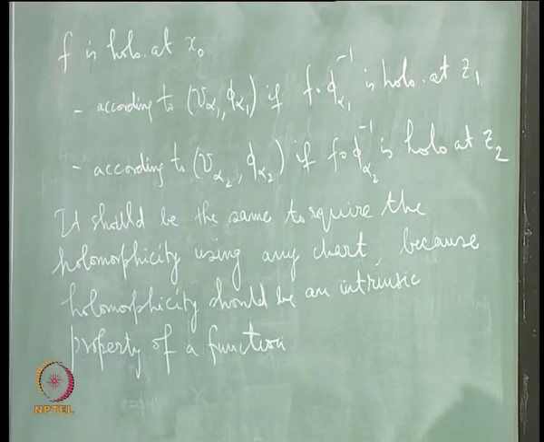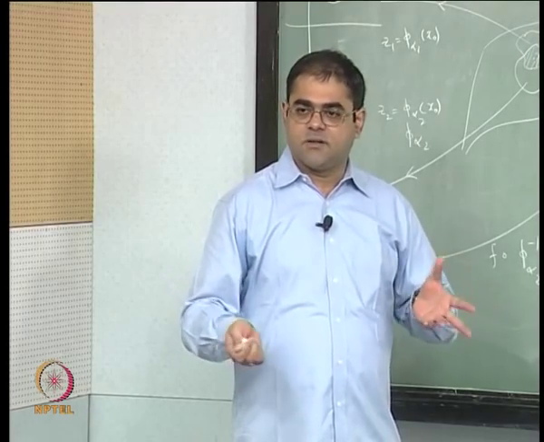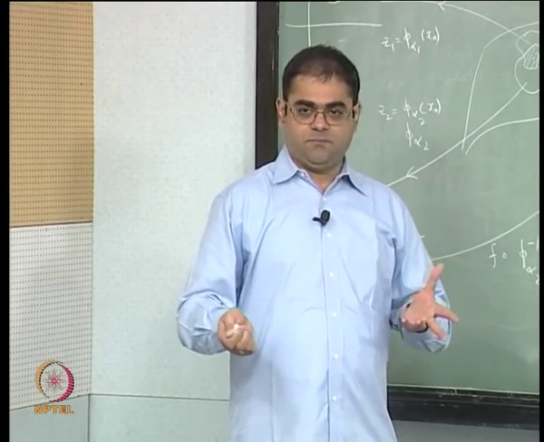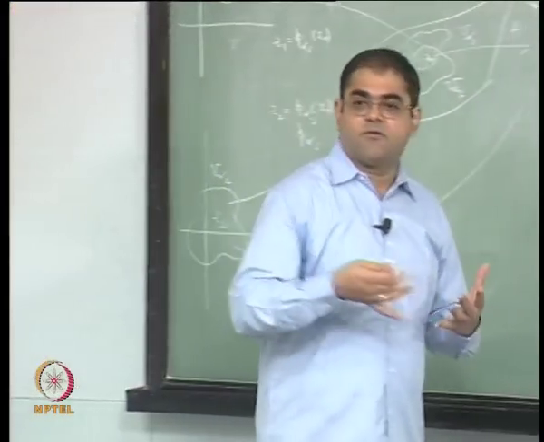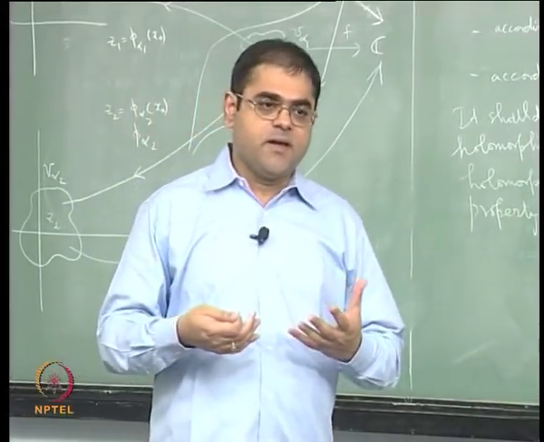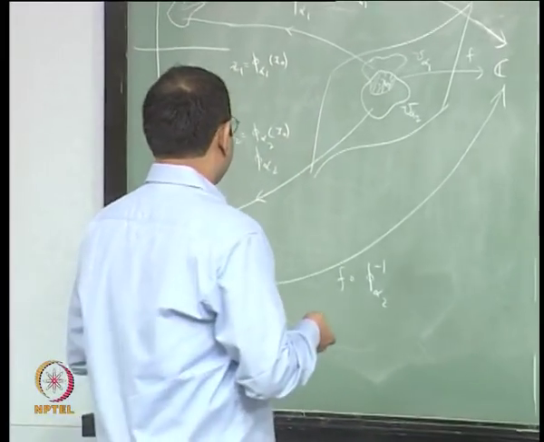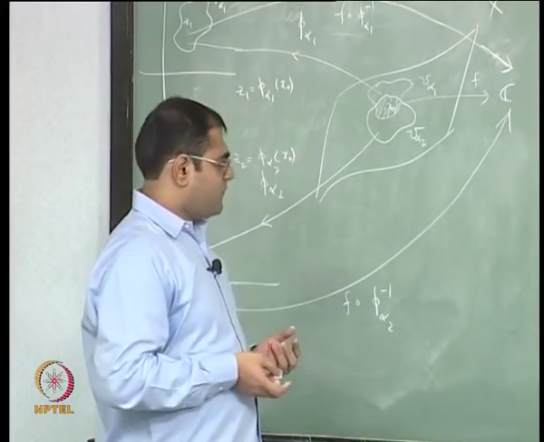So let me repeat, it should not be that because I have different charts, my definition of holomorphicity depends on the chart. If I change the chart, the holomorphicity is false, and for some other chart the holomorphicity is true. I do not want such a thing to happen. So this tells you that the charts have to be compatible in a certain sense. And how do you get this compatibility? You get this compatibility in the following way.